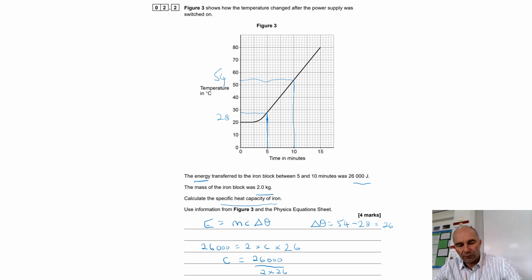That means, and the numbers are quite nice to you here, this simplifies down to 500 joules per kilogram degree centigrade. You don't have to remember the units on this, the units will always be given for you on that one. But that's 4 nice easy marks.